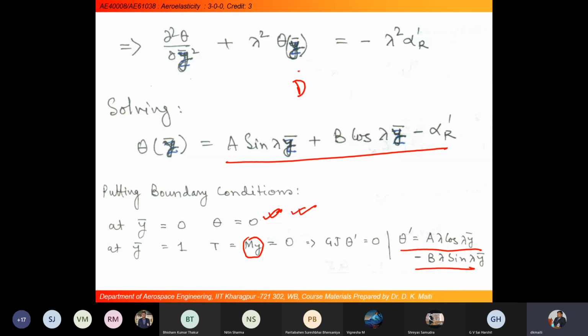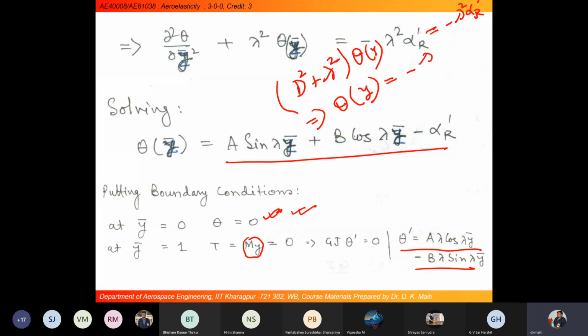This is d square plus lambda square into theta y. This will be equal to minus lambda square alpha r prime. So if I take it this way, theta y, this will be the particular integral, minus lambda square alpha r prime, and if I take lambda square outside, it will become 1 plus d square by lambda square.